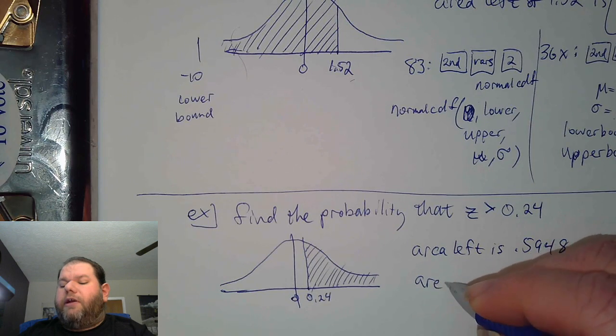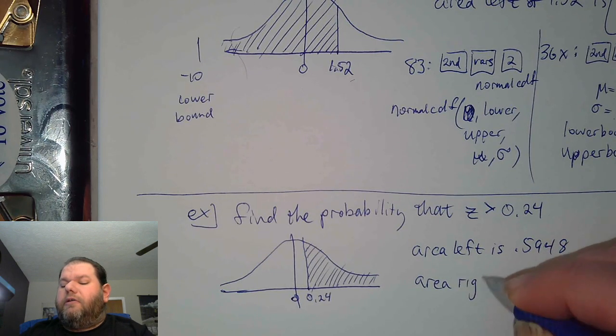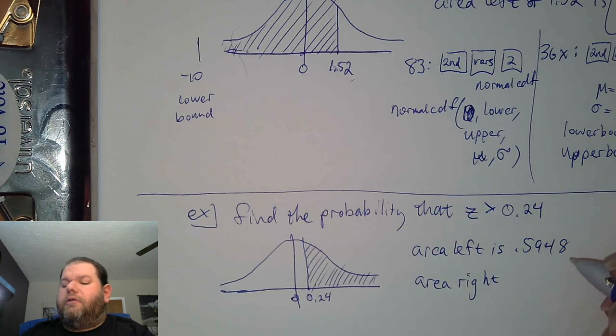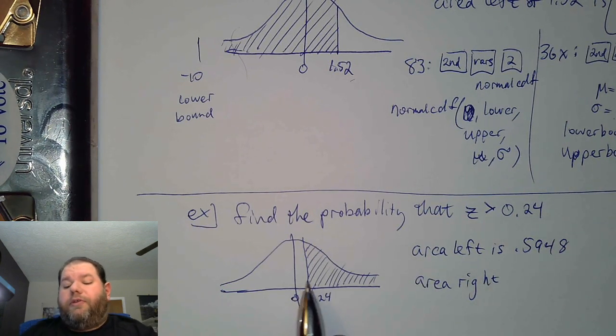How would we find the area to the right, since we only know the area to the left?